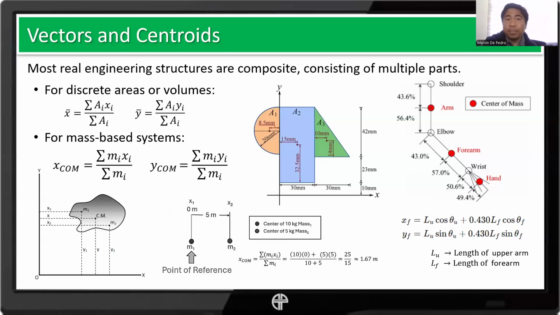We only use the centroids for simplicity, for discussion purposes, especially if you are modeling using ideal scenarios. Ideal because we are assuming the object is homogeneous, meaning equal density in all parts of it.